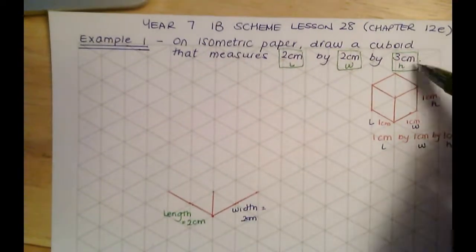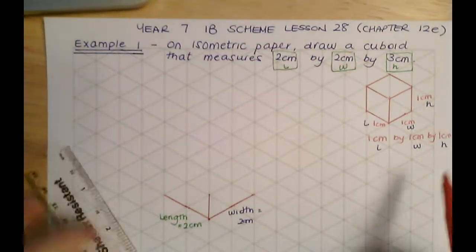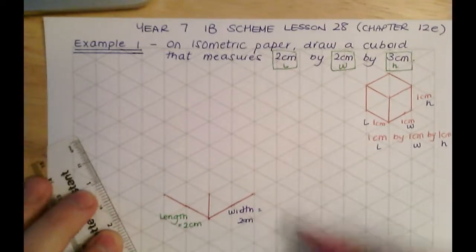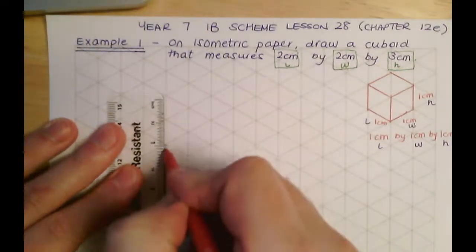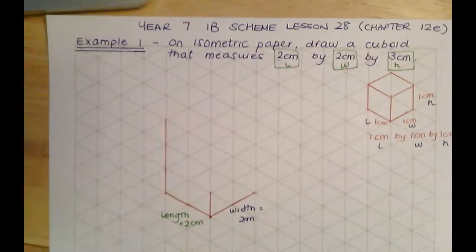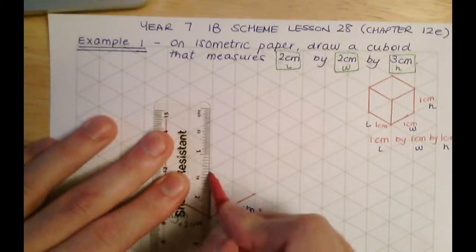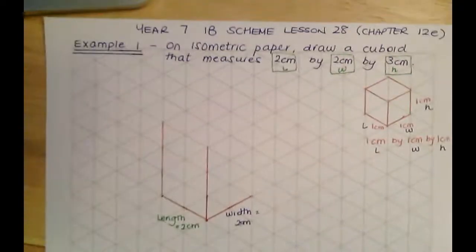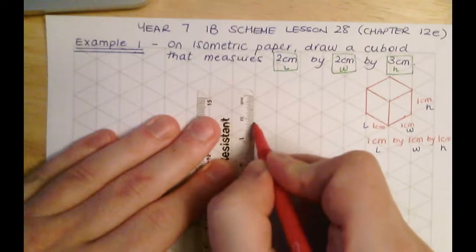Now my height is 3 centimetres. This again is one of the little tricks that I'm going to show you. I know that my height is 3 centimetres. So from each of these I'm going to go up by 3. If I start here, I'm going to go 1, 2, 3. Here I've gone 1 already, 2, 3. From this point here, 1, 2, 3.